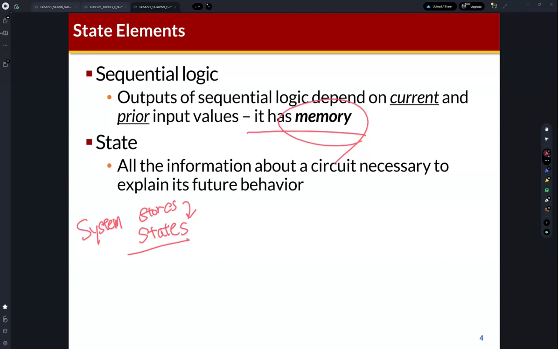But our systems need to store current states to generate some output values. So in order to store current states, the system requires memory.